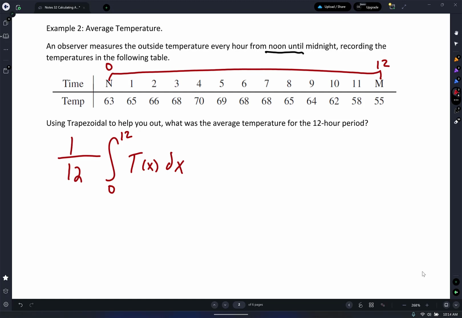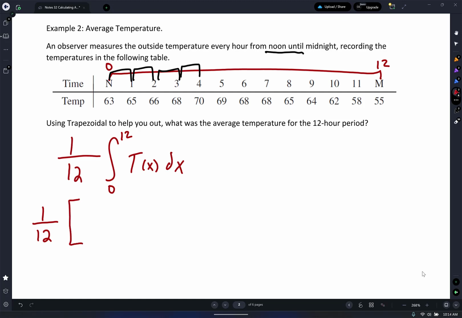Are these values spaced out by 1s? That's my delta x, which is the h of the trapezoids. I'm just using my trapezoidal formula. You don't have to; you can do it one at a time, but this is way easier.